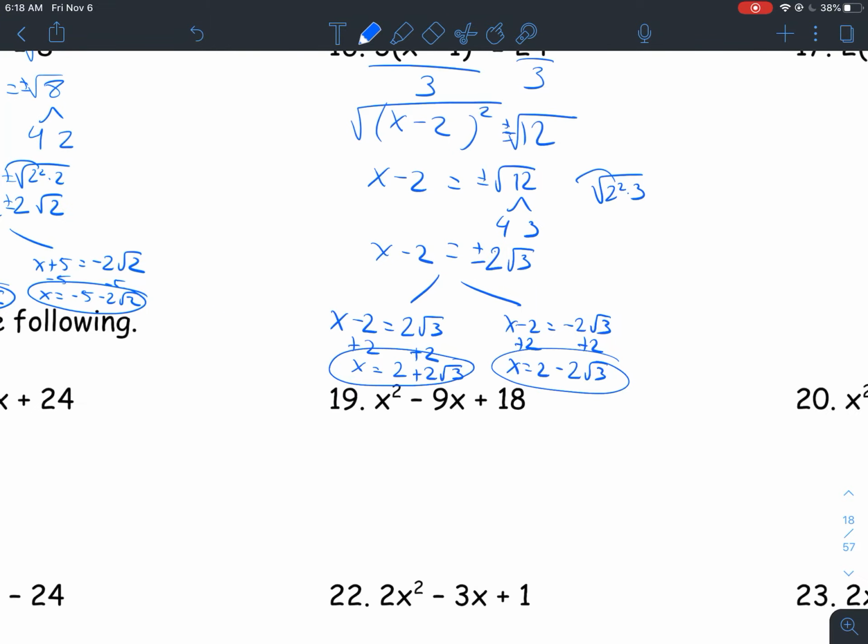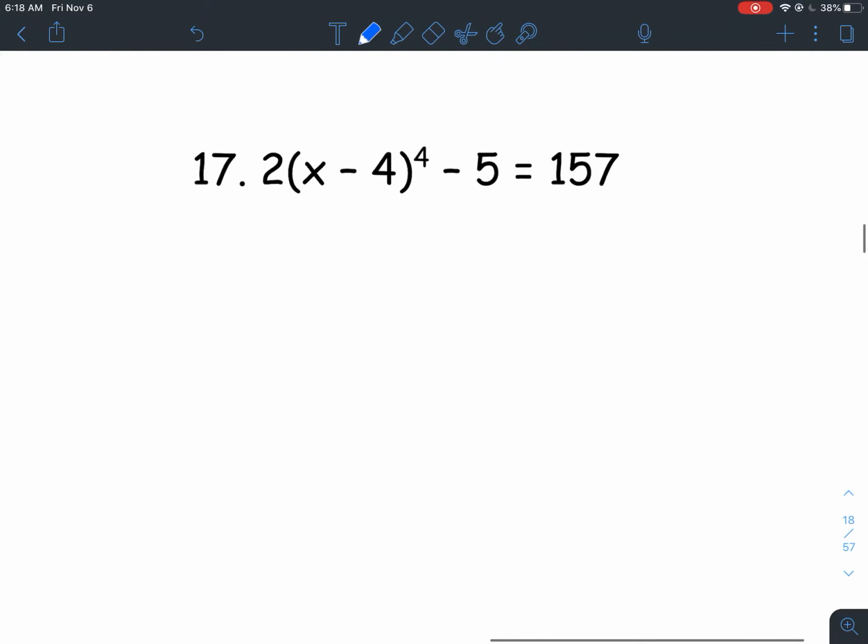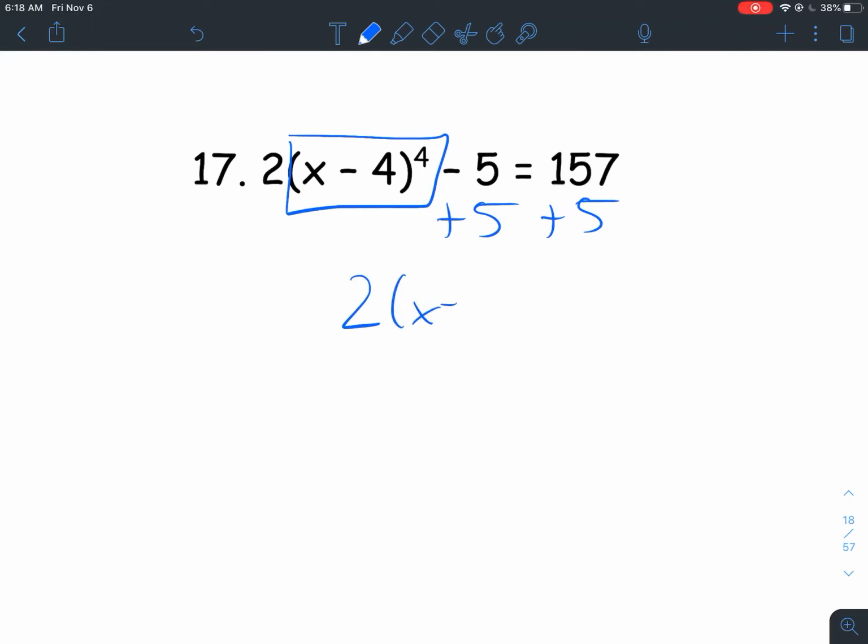All right, and this one looks scary, but it's not too bad. We just need to get this guy by himself. So we're going to add 5. Then we get 2 times x minus 4 to the 4th, and this plus 5 is 162. And we have to divide by 2.